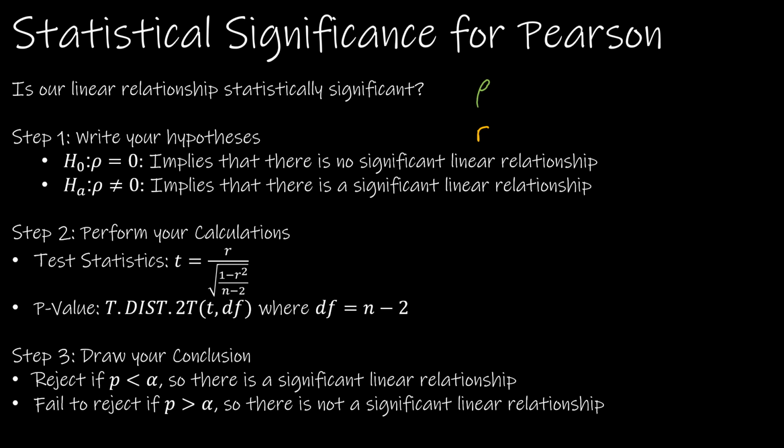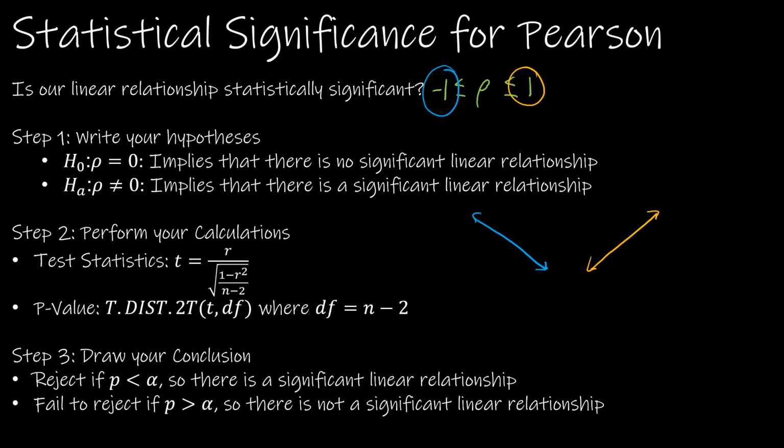So step one is to write our hypotheses. If you'll recall, when we talked about rho, we said rho had to be between -1 and +1 inclusive. If rho were -1, that indicated a perfect negative linear relationship, and if rho were +1, that indicates a perfect positive linear relationship.